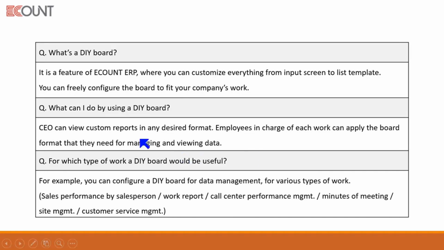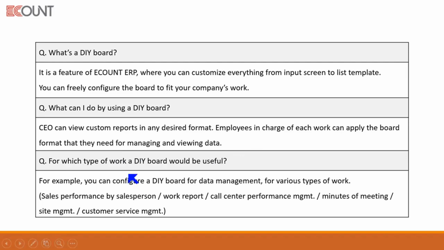So again, a DIY board is a feature of ECOUNT ERP, where you can customize everything from input screen to list template. You can freely configure the board to fit your company's work. By using DIY boards, a CEO can view custom reports in any desired format, and employees who are in charge of each work can apply the board format that they need for managing and viewing data.